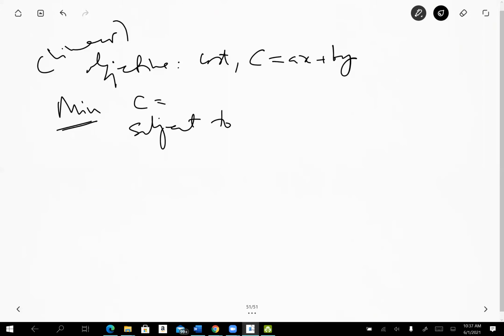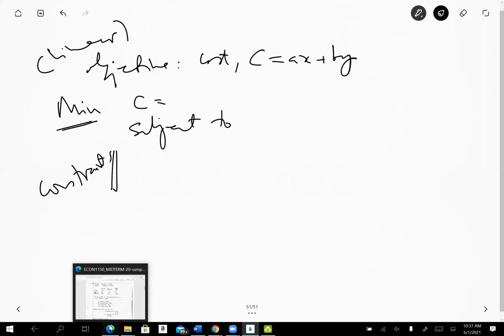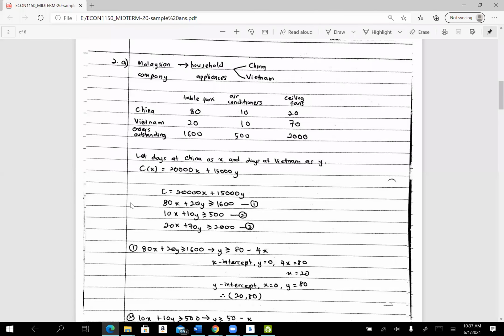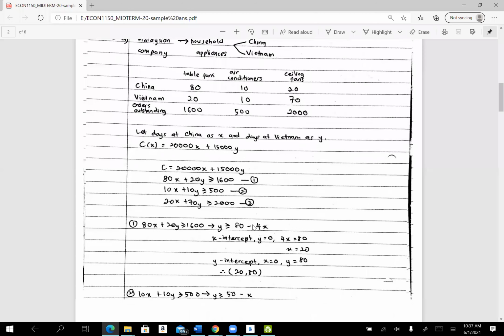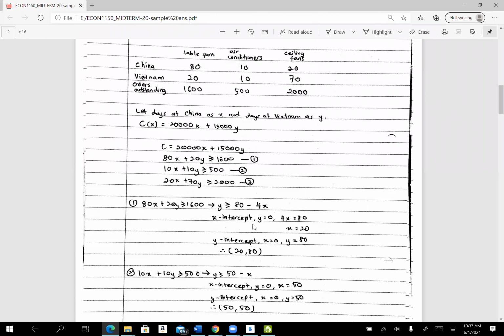Okay, here you list the constraints. Otherwise, we don't know what is the purpose of your work. So here, you put minimize the cost, right? Subject to these constraints.